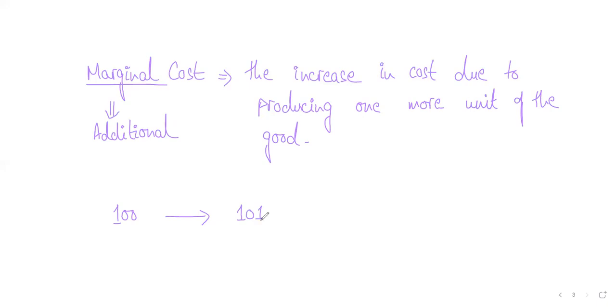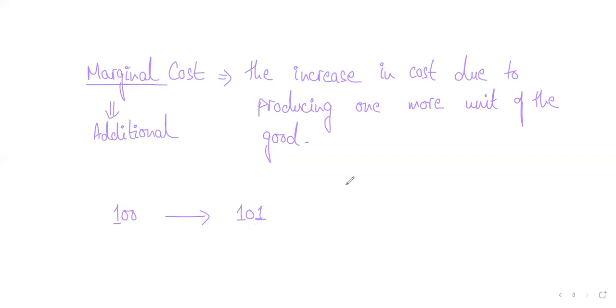What will be the addition in cost by producing this one additional unit of the good? What are the cost components that will increase for the firm? Can you identify those for me?